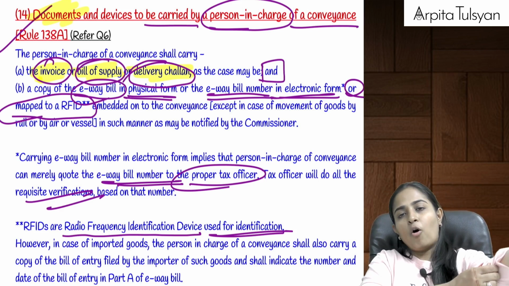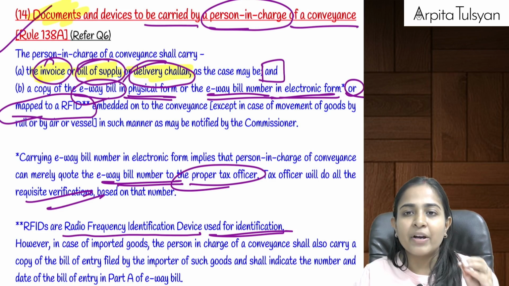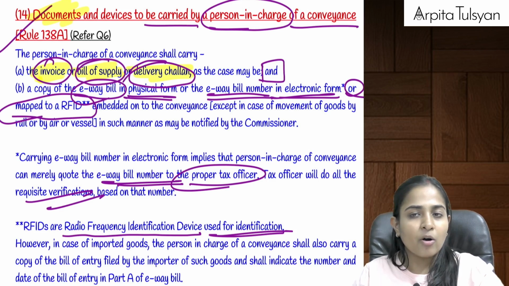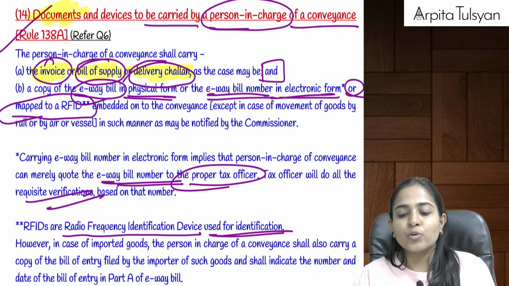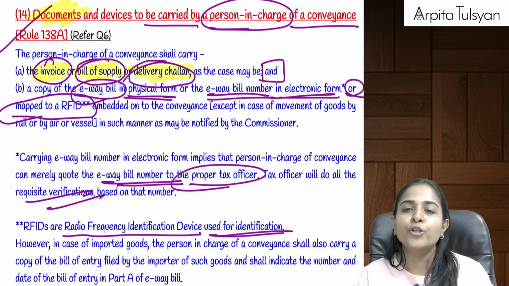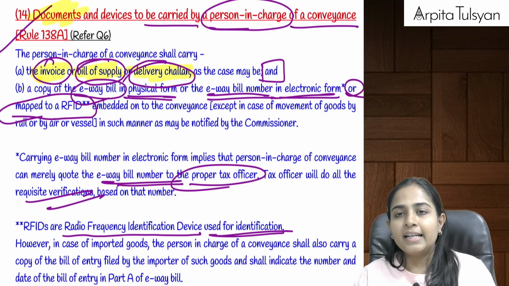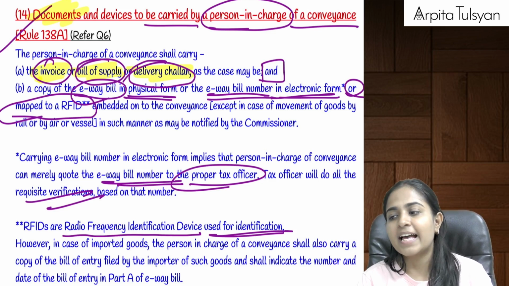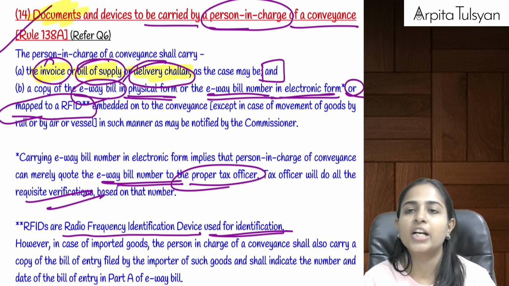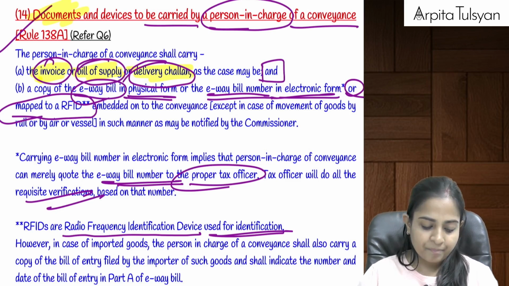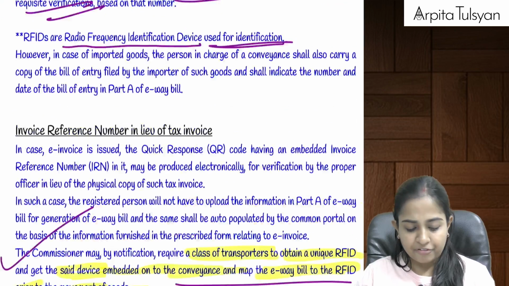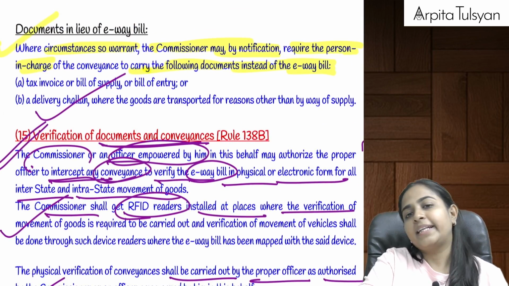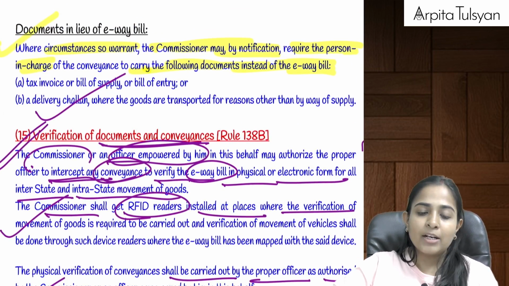Or he can carry the e-way bill which is mapped to the RFID device embedded on the conveyance, so that if any officer wants to inspect it, they can scan it from the RFID device and check the details of the goods contained in the conveyance, right?